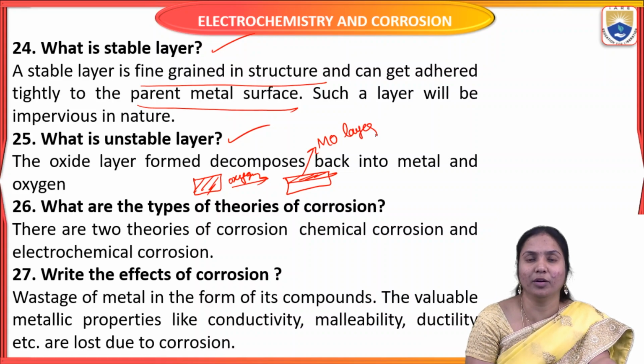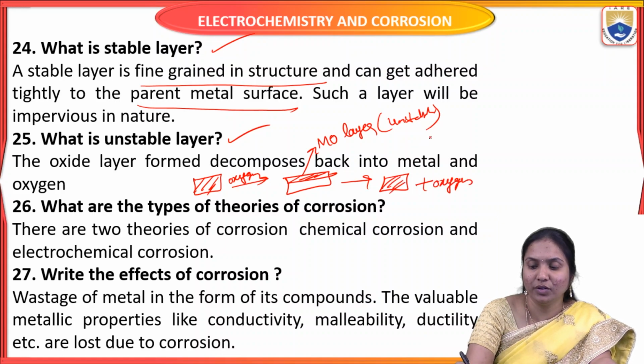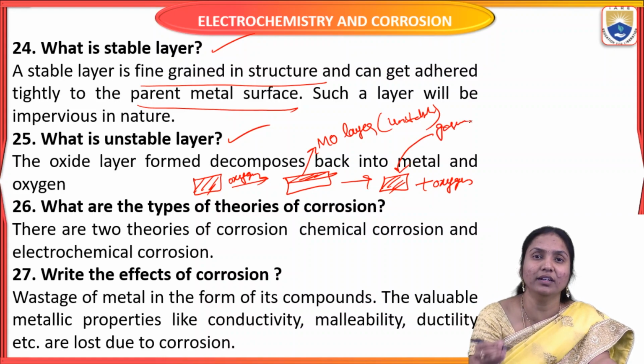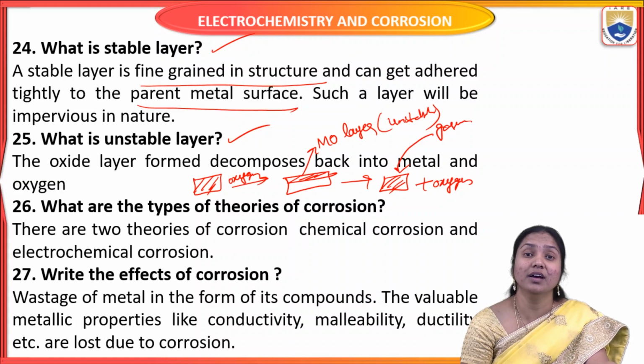The layer is formed, but it is highly unstable, so it easily decomposes back into metal and oxygen. Then fresh metal surface is available and other gases attack it, so the metal is unprotected. A layer that decomposes back into metal and oxygen is called an unstable layer.